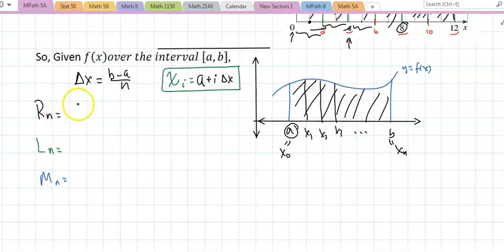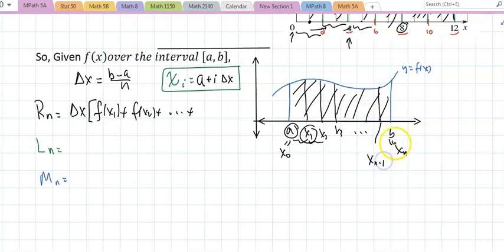The right-hand approximation takes x sub 1 to be the right endpoint, and the second x sub 2, and in the last, this is x sub n minus 1. It seems to take f of x sub n minus 1 and f of x sub n.